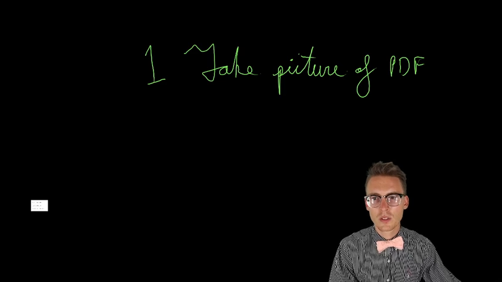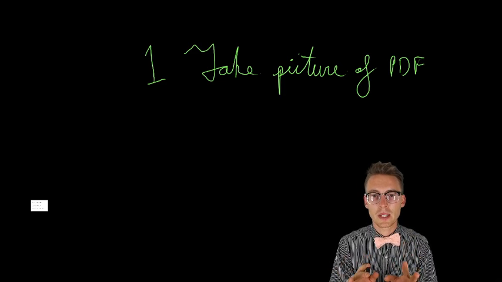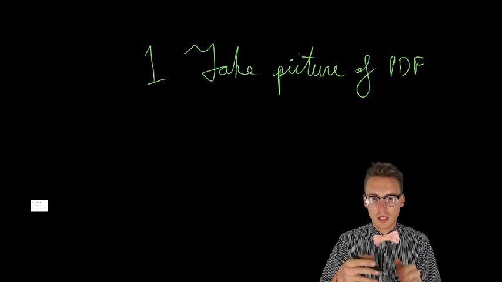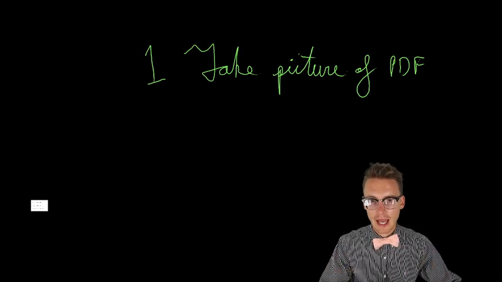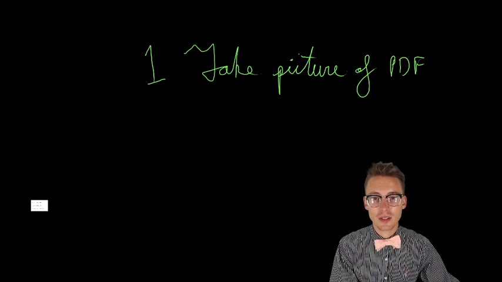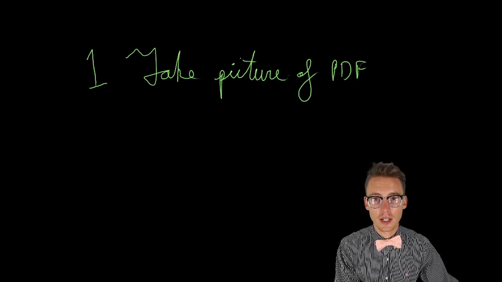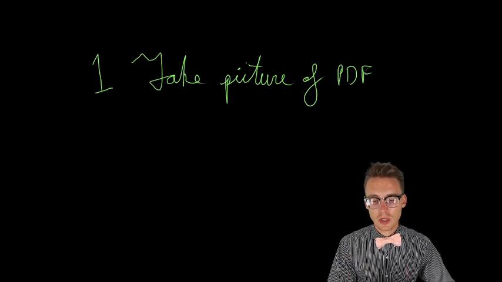So the very first thing that we need to do is simply take a picture of the PDF. Every device that you have has a way of taking pictures of the screen. So for instance, on an Apple phone, you can take a screen capture.